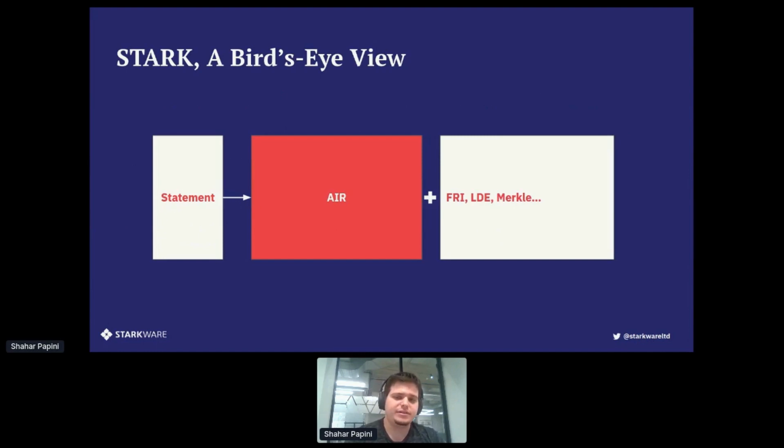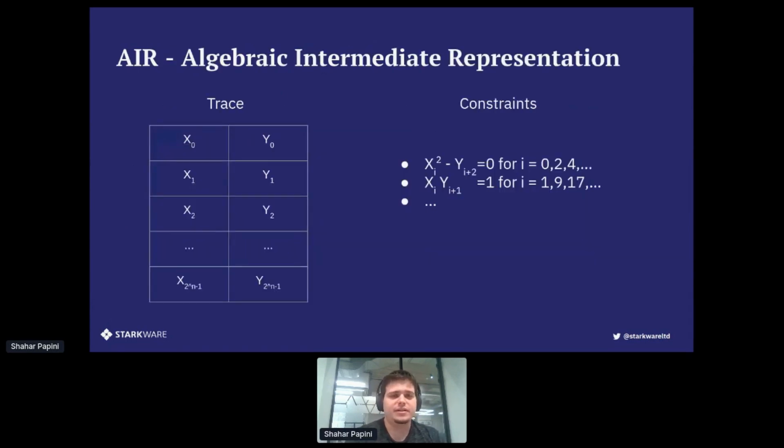After we did this transformation to an AIR, we can throw this on a bunch of algorithms, FRI, LDE, Merkle, all of the stuff, the Stark protocol. And basically, on the other end, we will have this short, succinct proof. So how does this representation, this AIR, look like?